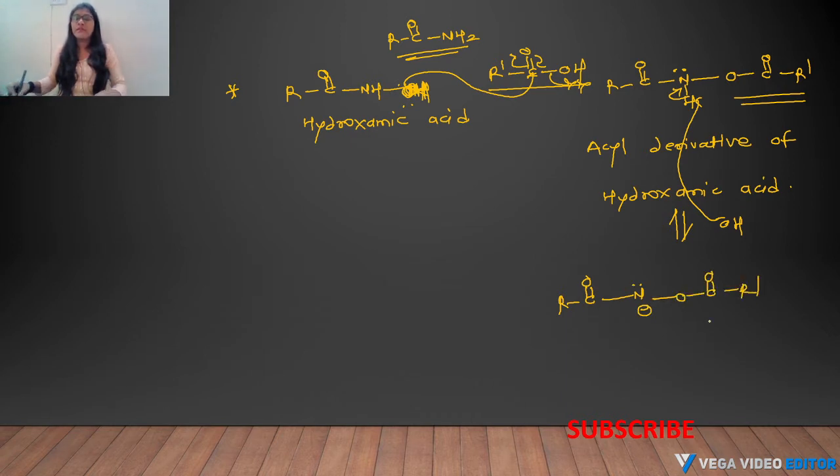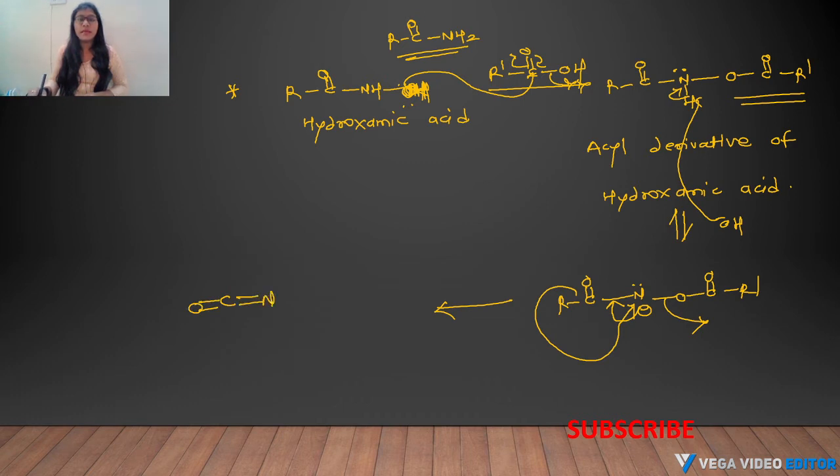Then here this alkyl group migrates towards this nitrogen, and this part departs, and this negative charge donates this electron to this CN bond, and here pi bond is formed, and we get here CO, here double bond, and here alkyl group.